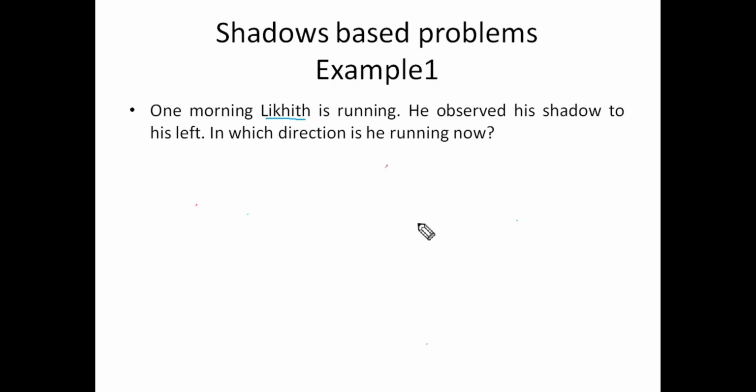If you remember the previous concepts, you can get the answer directly. But see here, Likith is here. He is running towards which direction? That is the question. In the morning, the sun is in the east direction. His shadow is in the west direction. And he says the shadow is on his left.